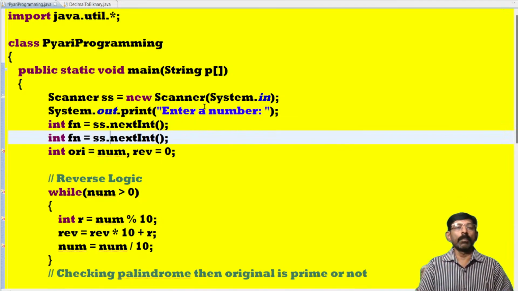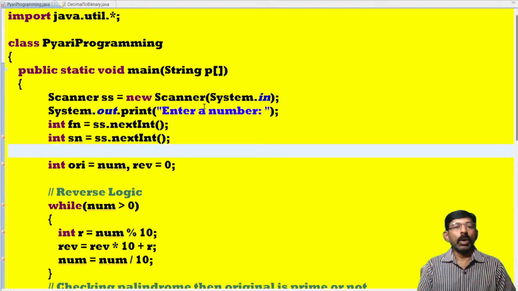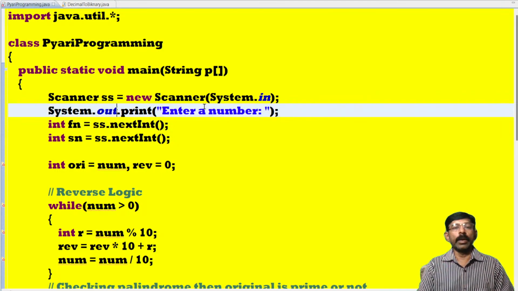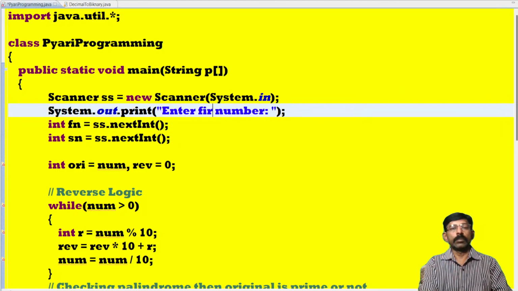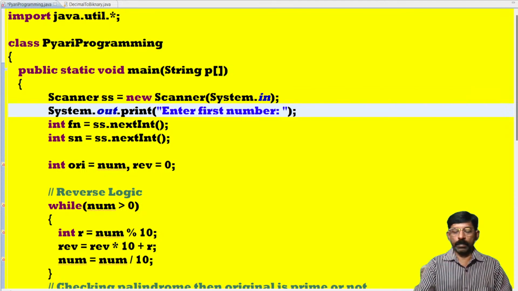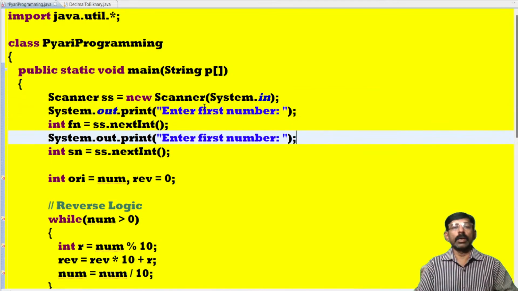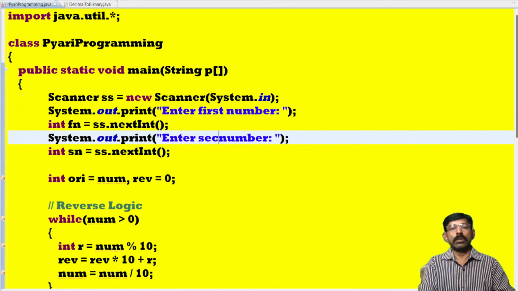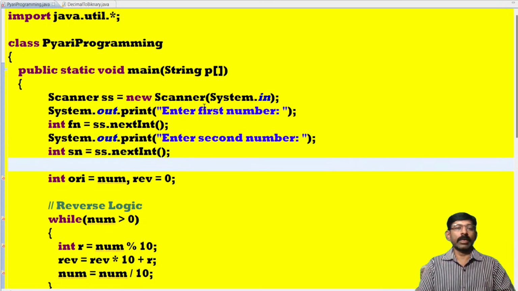I will take 2 numbers, Fn and Sn. Though I am not reducing the number, enter first number versus enter second number. 2 numbers are accepted.